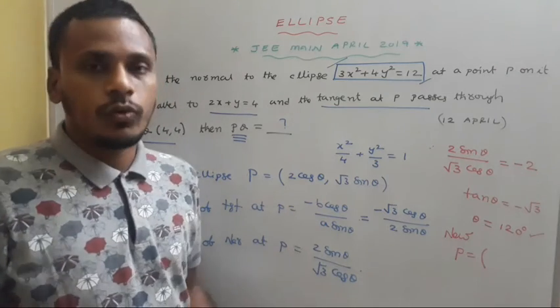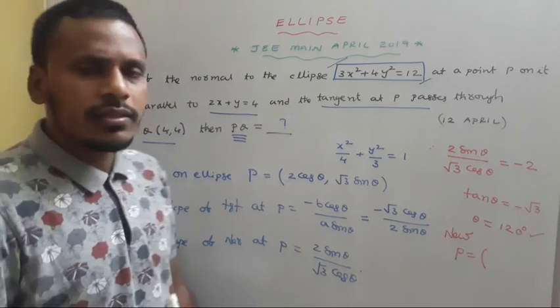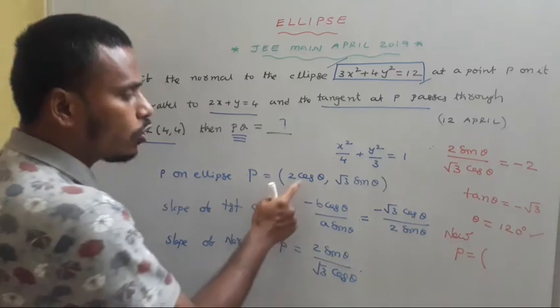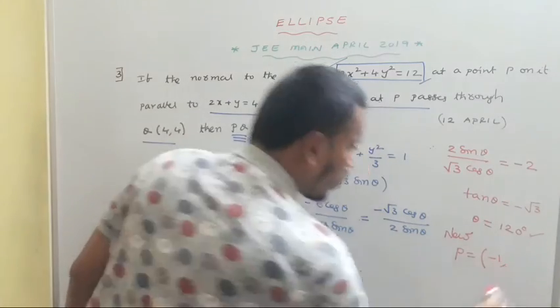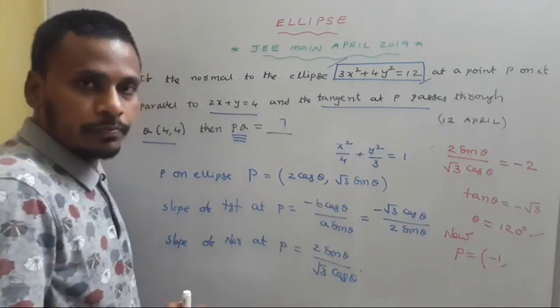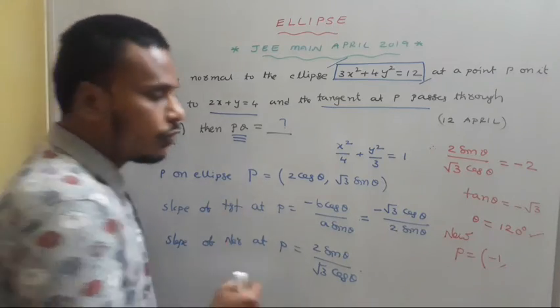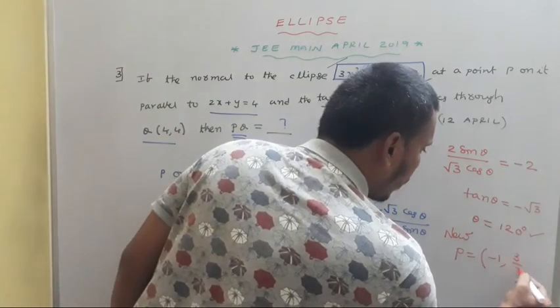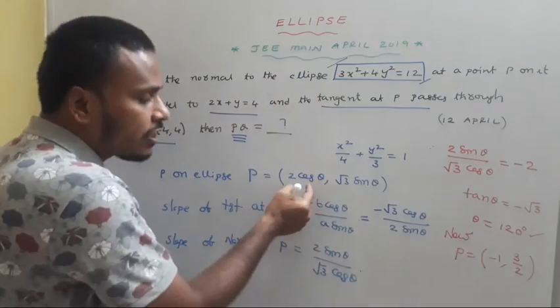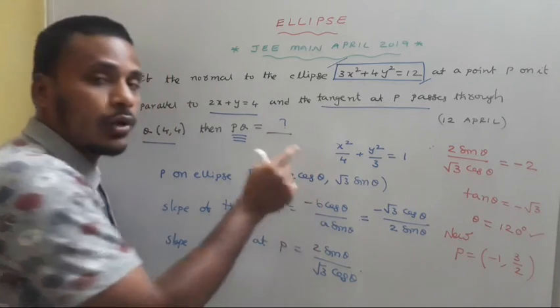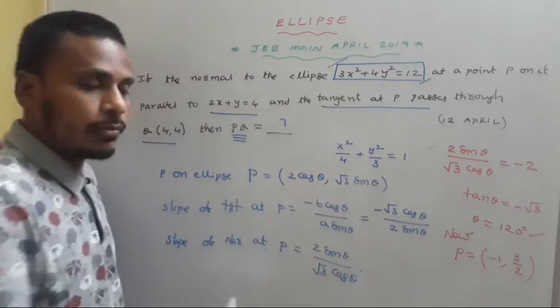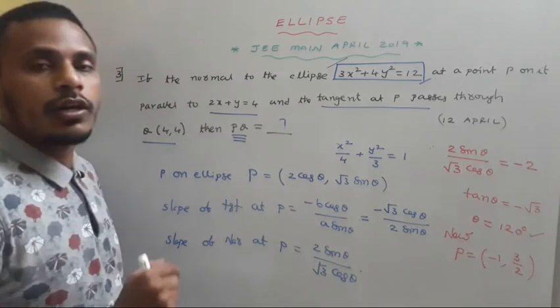What is sin 120? Sin 120 is root 3 by 2. So 2 into minus 1 by 2 is minus 1. Root 3 into root 3 by 2 is nothing but 3 by 2. Okay? So P is minus 1 comma 3 by 2.